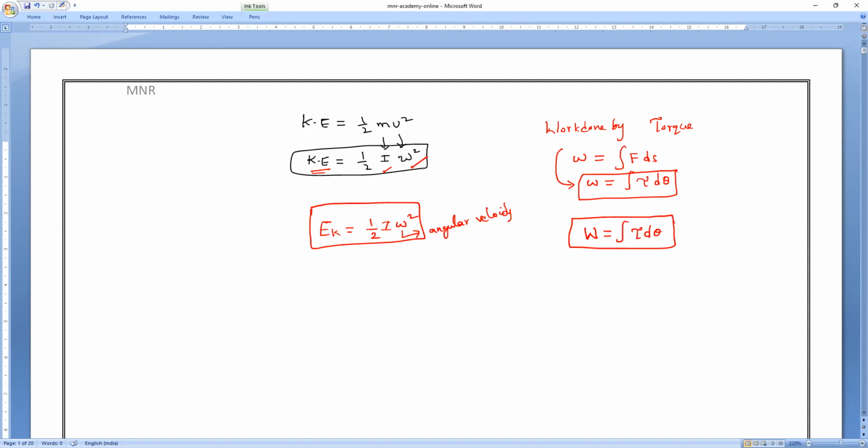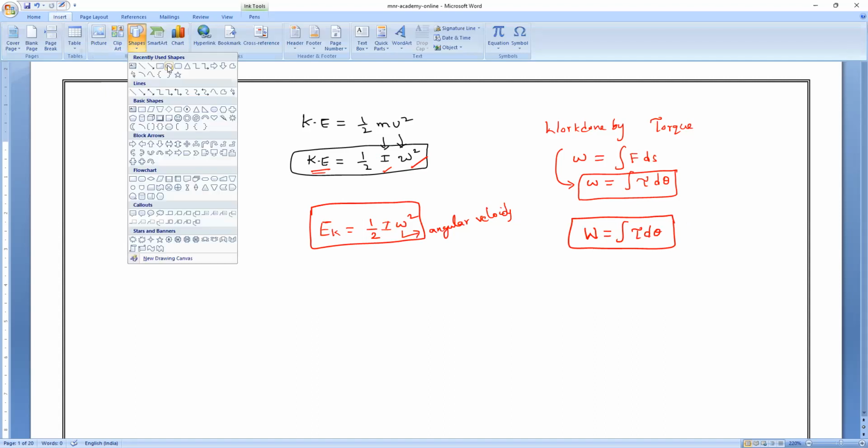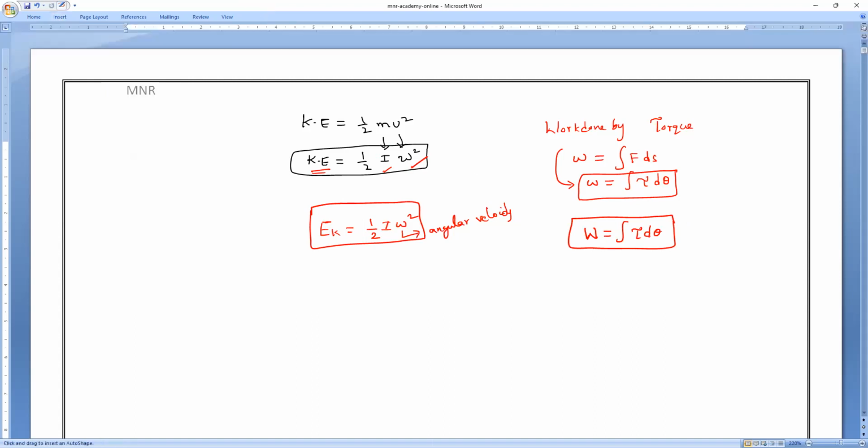These are the two formulas you have to remember, along with the proofs. Now, based upon this, let us solve the first question. All of you observe very carefully. I am taking two wheels, separated by a distance L. This is wheel number 1, and this is wheel number 2.